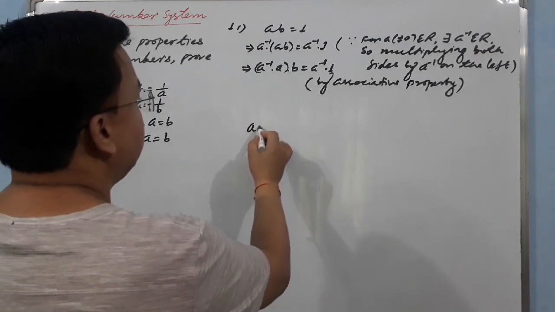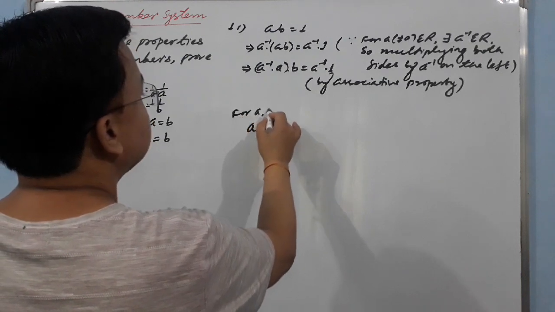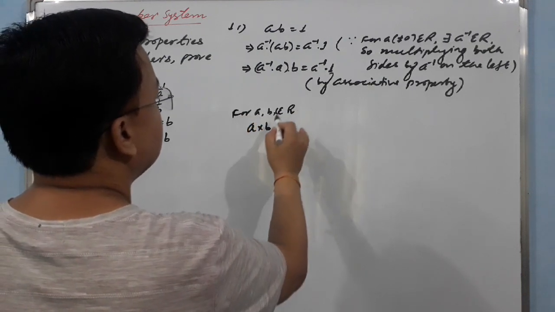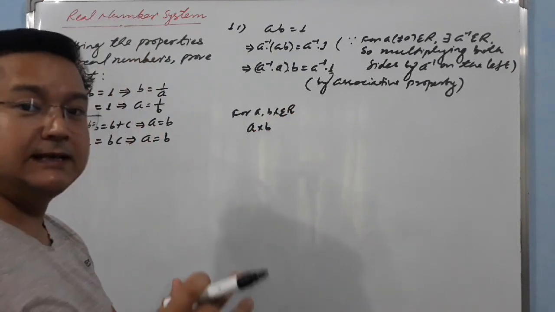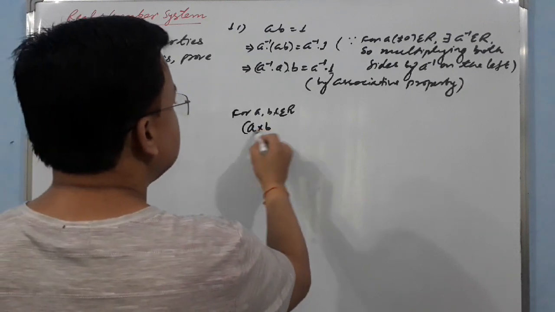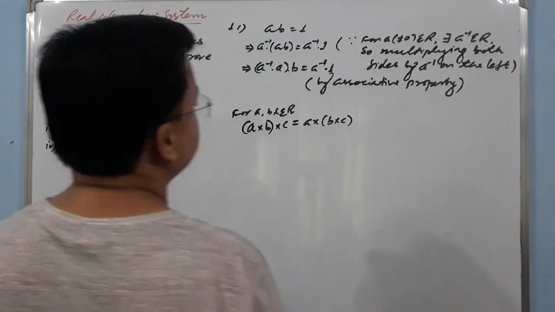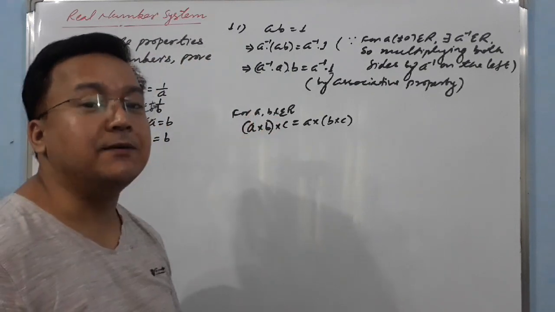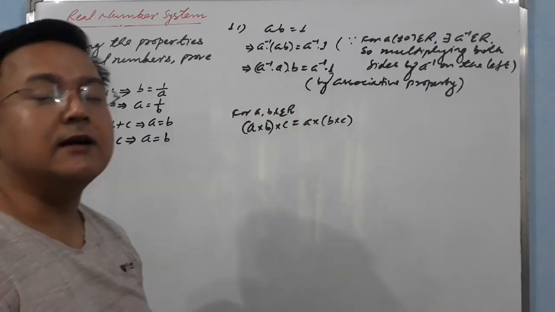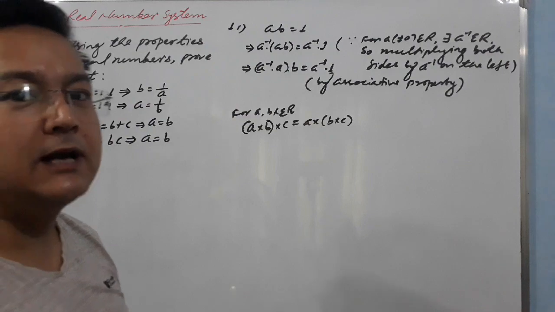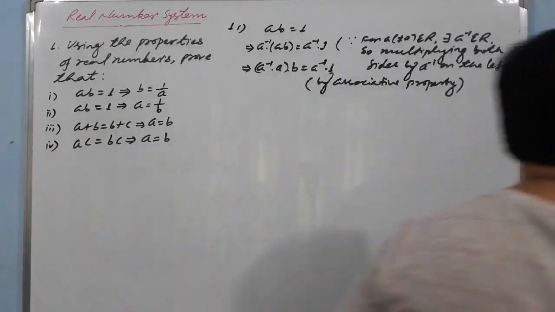If a, b, c belong to R, meaning a, b, c are real numbers, then (ab) times c is equal to a times the product of b and c. This property is satisfied for real numbers. Using this property I have written it here, because these all are real numbers. This property is called the associative property.